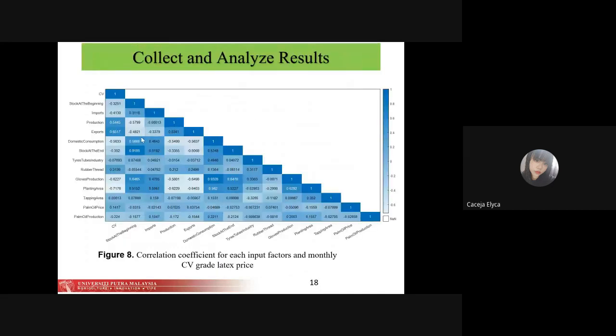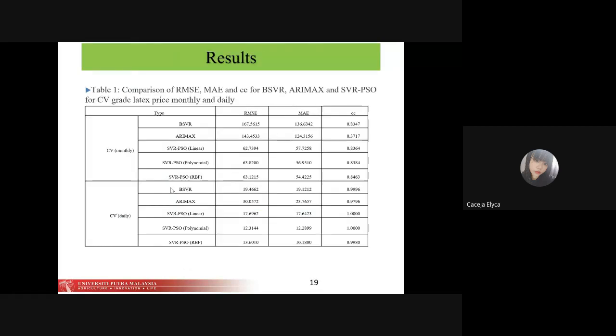For the prediction, here is the result where I computed the correlation coefficient between each input factor and the monthly CV grade latex price. We want to study which factors really relate to the CV, and choose the most related factors to be used in predicting the market price of latex.